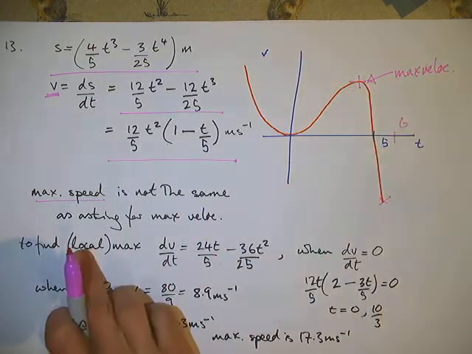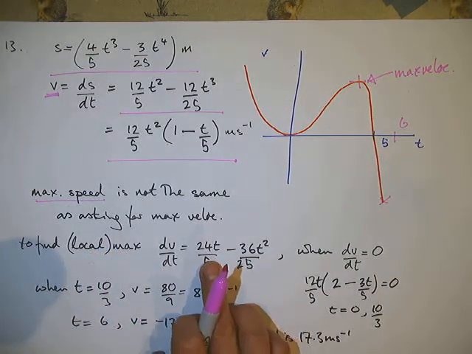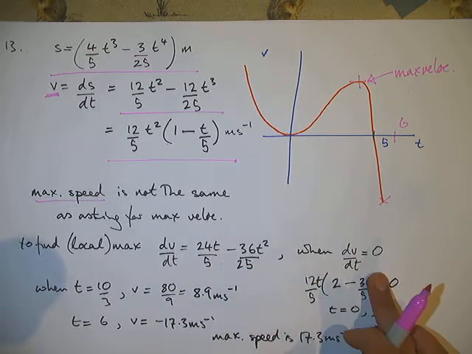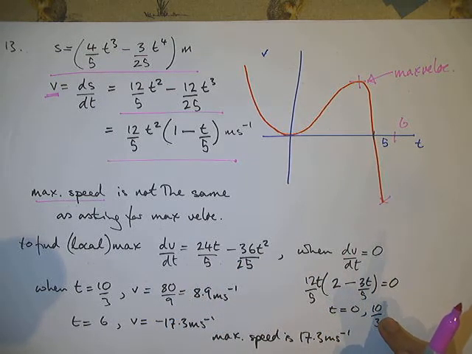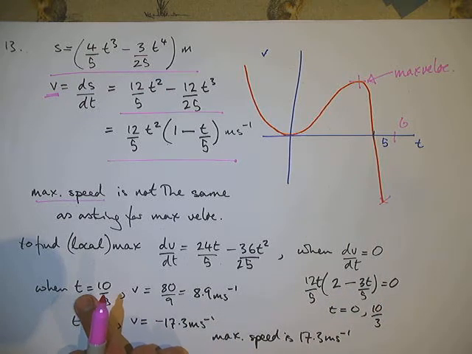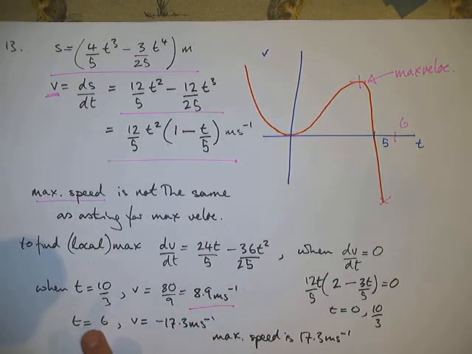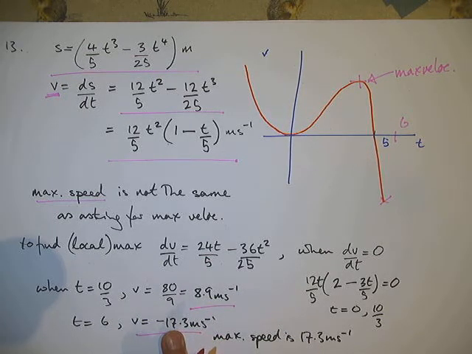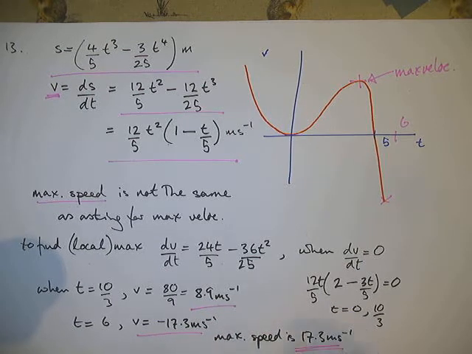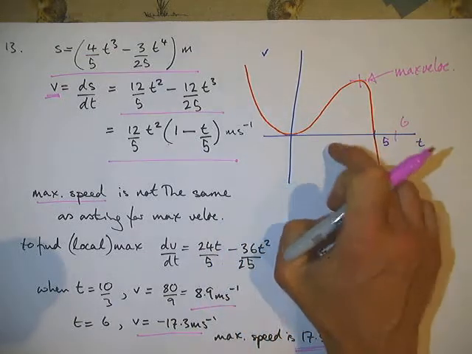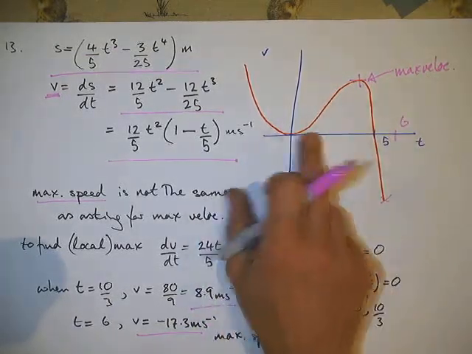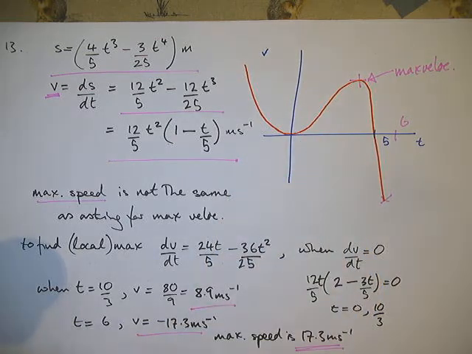To find the local maximum, differentiate, put the differential to 0, get 10 over 3, find that when t is 10 over 3, the velocity is that, but then check when t is 6, the velocity is that. So the maximum speed is 17.3. It's a beautiful twist, okay? Just always check, are they asking for maximum speed or maximum velocity? And come back to the shape of the graph. And there's no excuse for forgetting that, because you've got graphical calculators, haven't you?